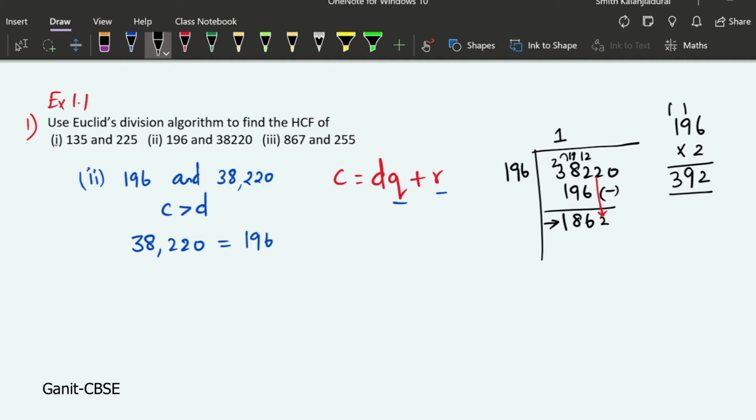Again we have to go with trial and error. For 1862, 196 times 10 will be 1960.